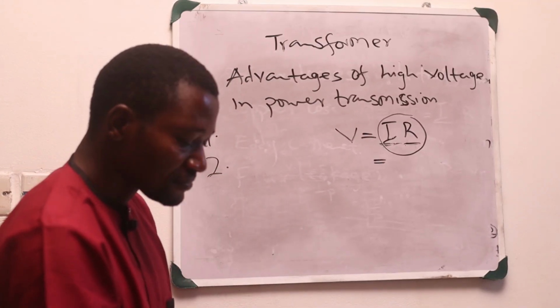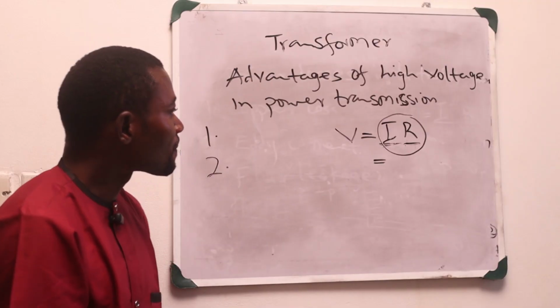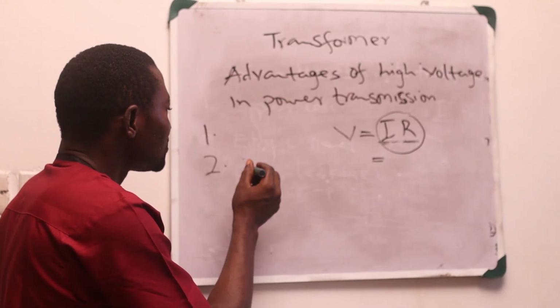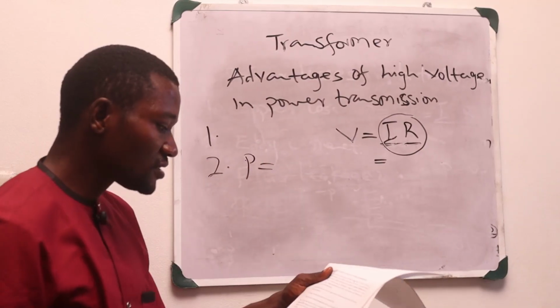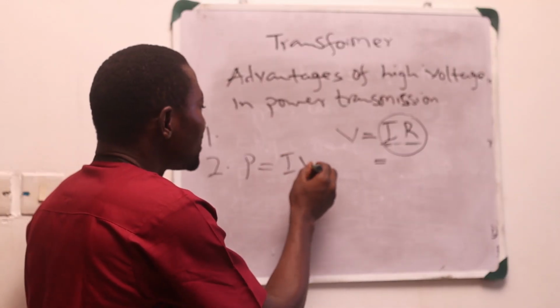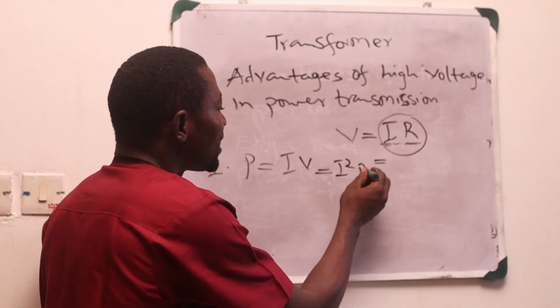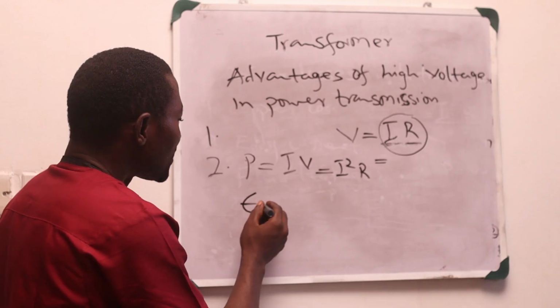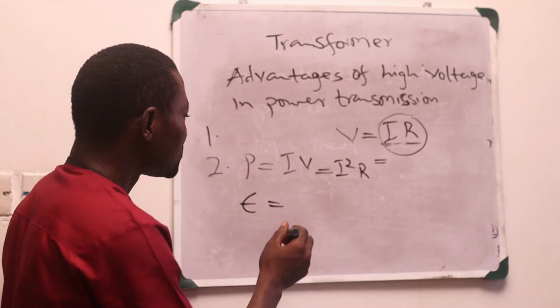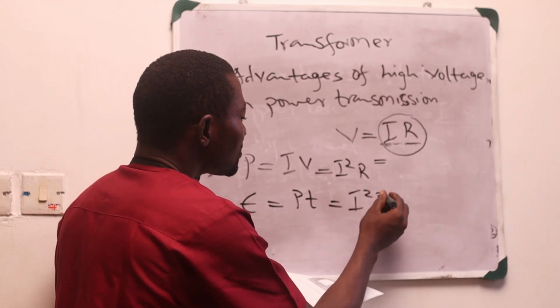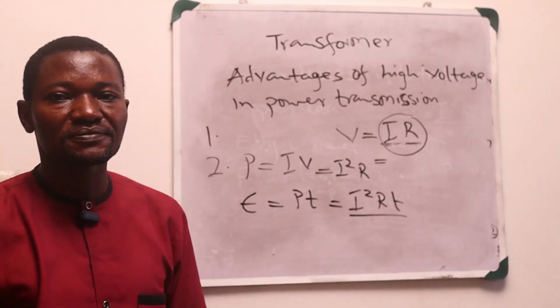Then the second one is that we have seen that our power is given as IV, which can be expressed as I squared R. Our energy, electrical energy, is power times time. So from here, we'll have this.